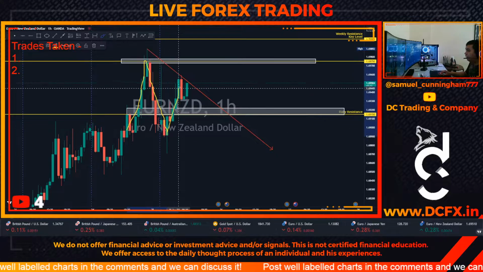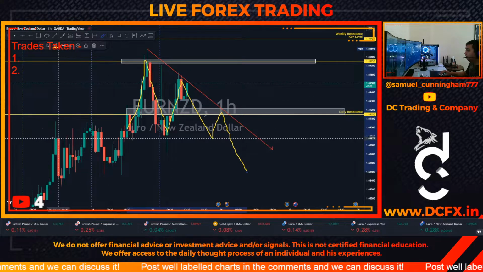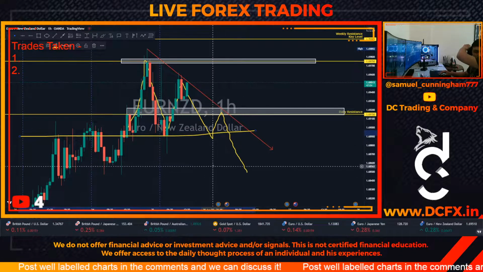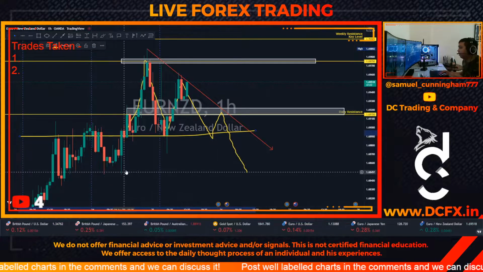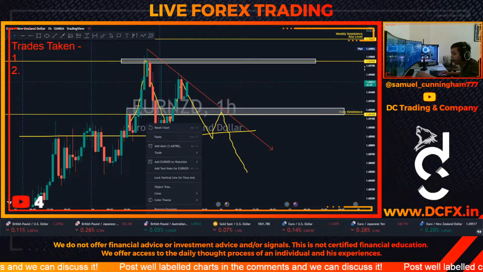We have a high, a lower high, lower high and lower low, and break these lows. I hope you all get what I mean. We're just looking at price action at its best.